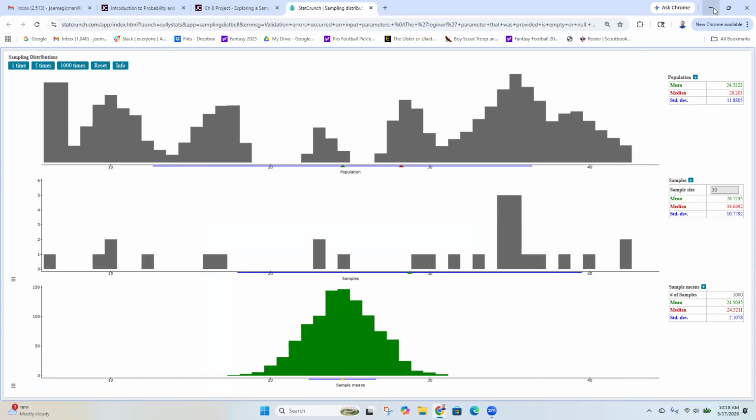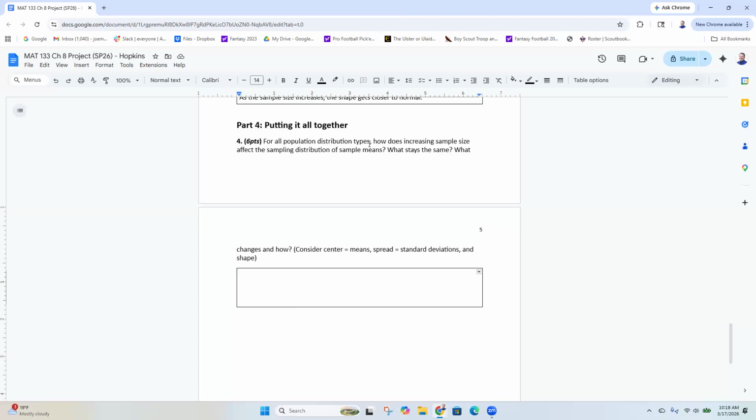So, for all population distribution types, how does increasing the sample size affect the sampling distribution of sample means? What stays the same, what changes, and how? We're going to talk about the center, the spread, and the shape.